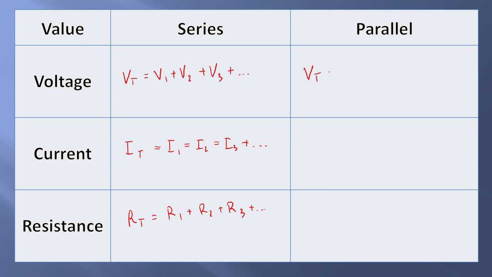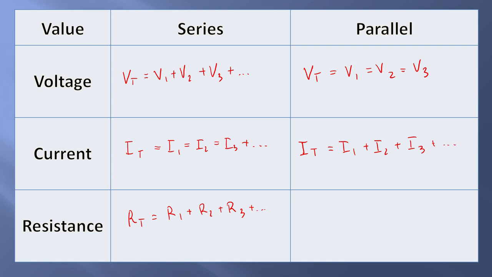So your V total is going to equal your V1, V2, and V3. So all the voltages are equal. When it comes to current, because now you have multiple paths for the electrons to flow through, you're going to have the currents add up. So you have your I total equal to I1 plus I2 plus I3 plus etc.